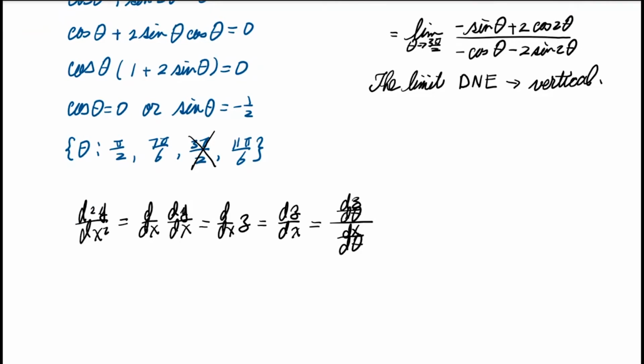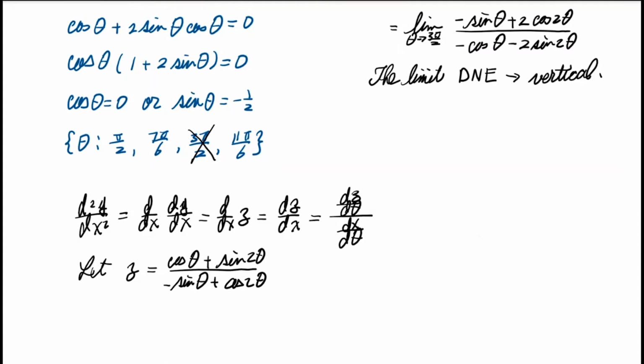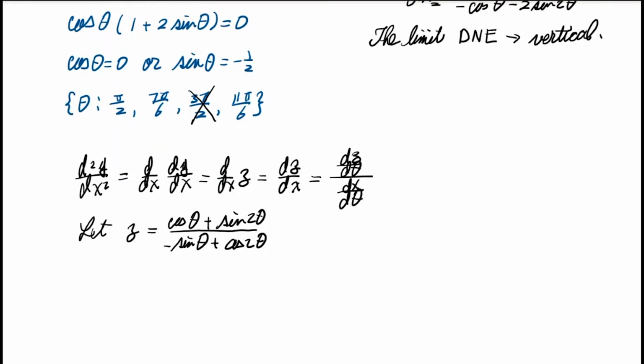So all we have to do is let z become our thingy. What is it? Cosine theta plus sine 2 theta over negative sine theta plus cosine 2 theta. Then we can find dz over d theta. Oh no, quotient rule. It's awful, right?